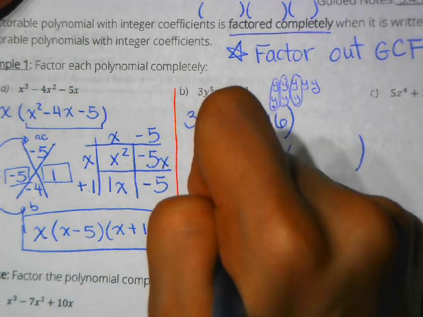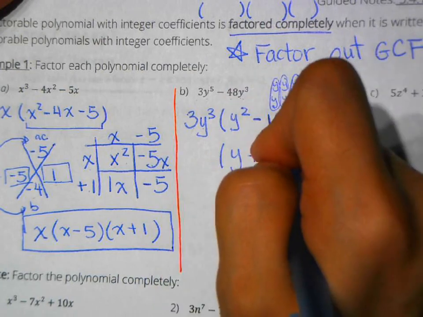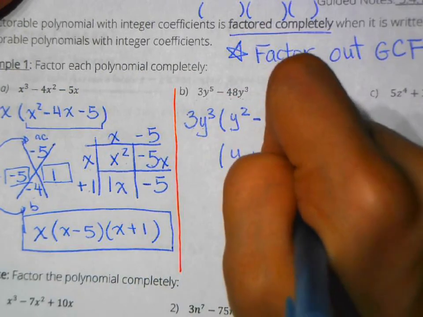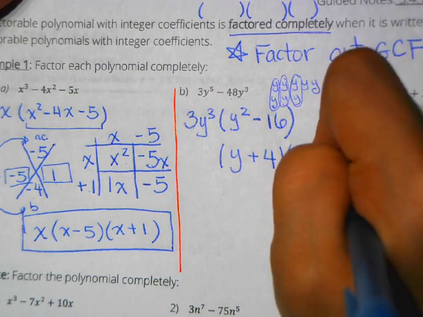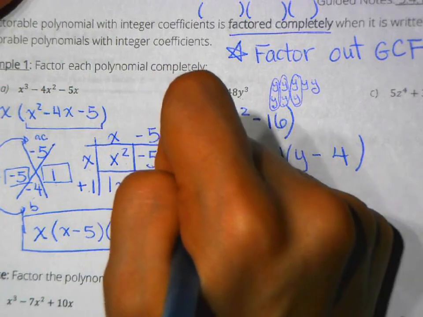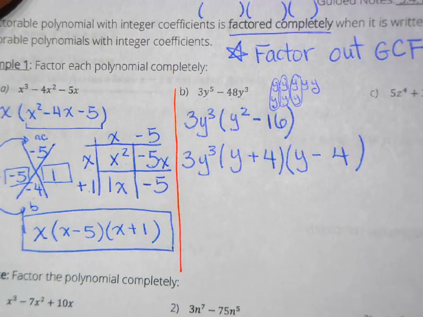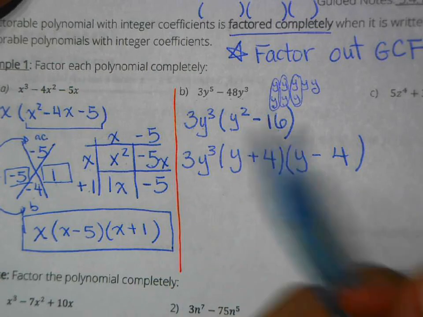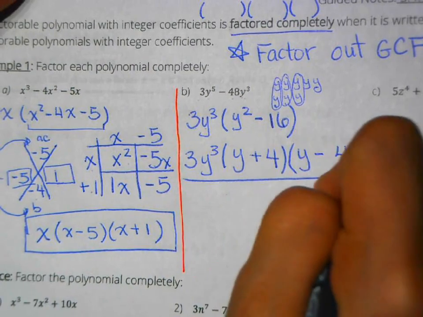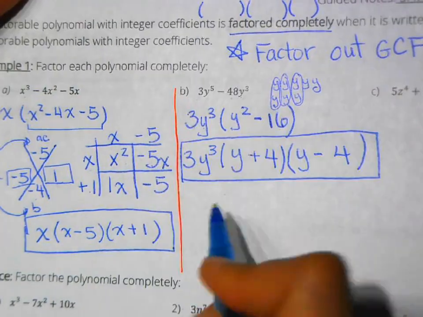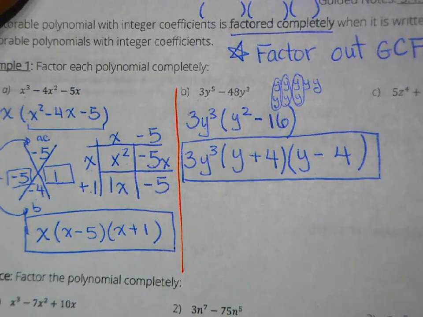So that means that's y plus 4, because 4 times 4 is 16, times y minus 4. And then I pull down my greatest common factor, 3y to the third power. Now everything is factored out, and nothing can be factored even more from my factors.